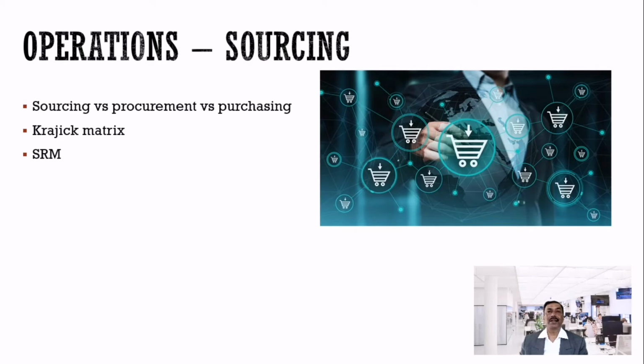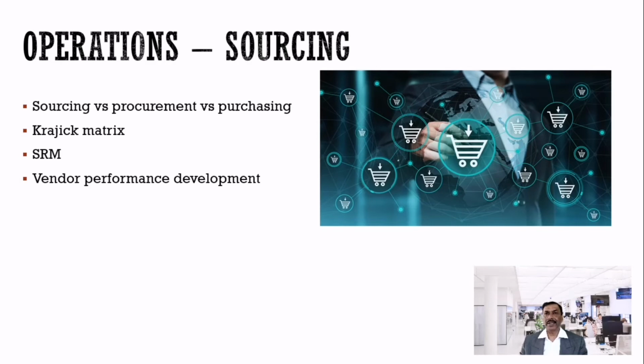This is where the vendor development concept comes in many organizations. It's also called SRM, supplier relationship management. Many times it's a partnership that works in the supply chain. If you have better cooperation with the vendor, then you will be able to operate with lower inventory and provide better service to the customer.